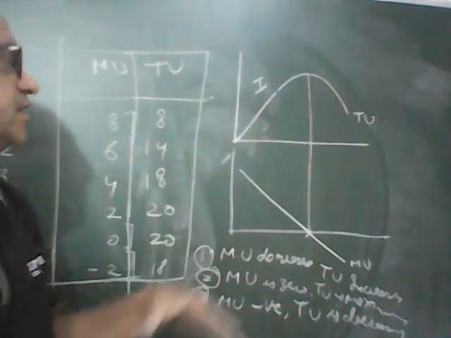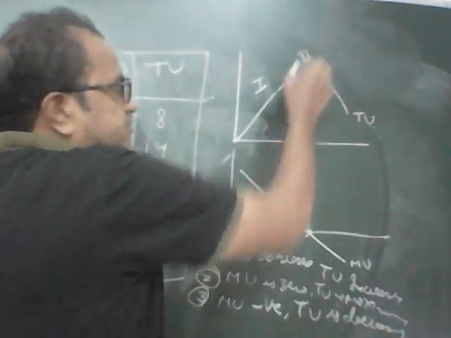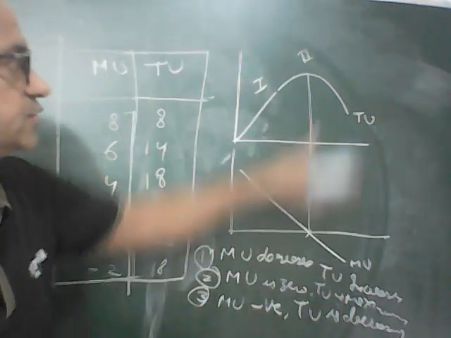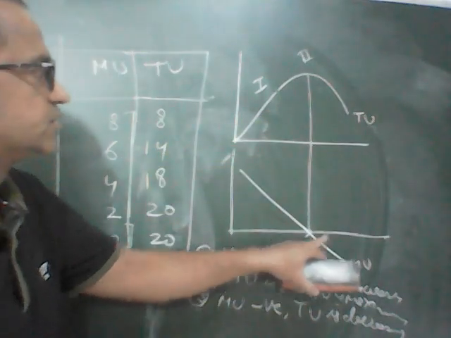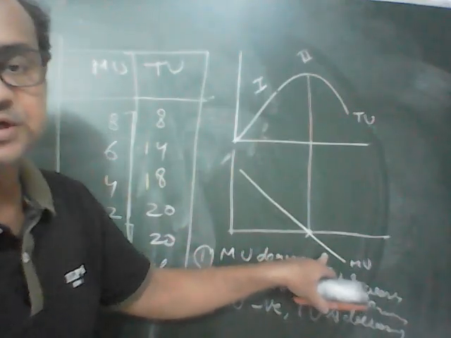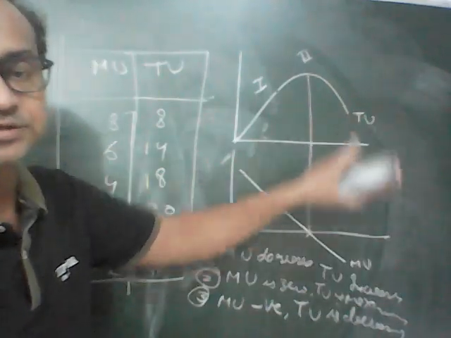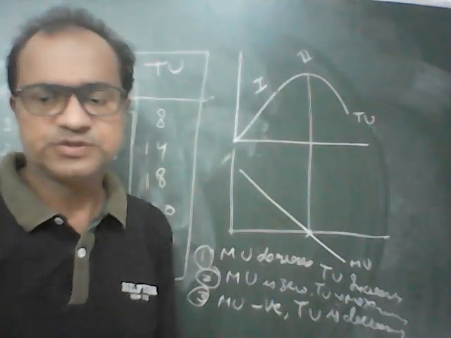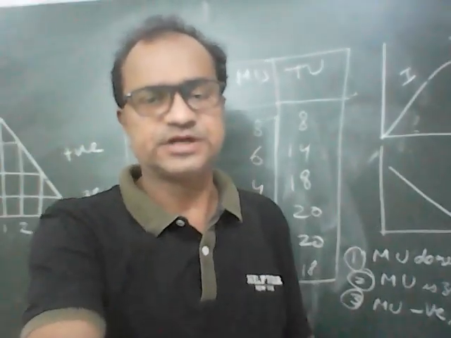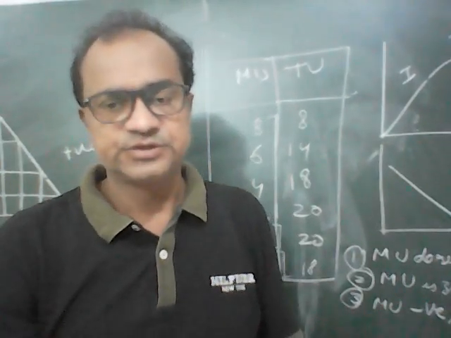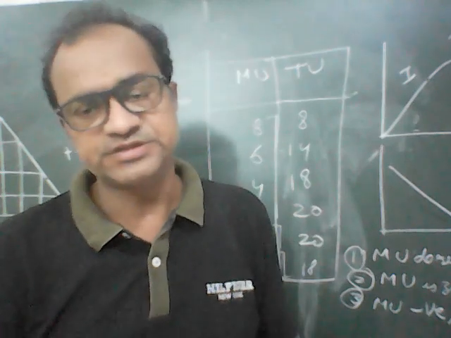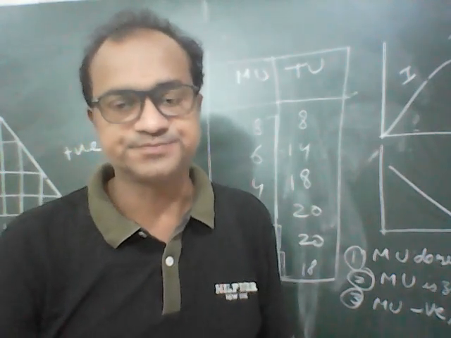The second aspect is when marginal utility is 0, total utility is maximum. On the third, when marginal utility is negative, total utility starts decreasing. So this concept explains that as the number of units consumed increases, marginal utility goes on diminishing.